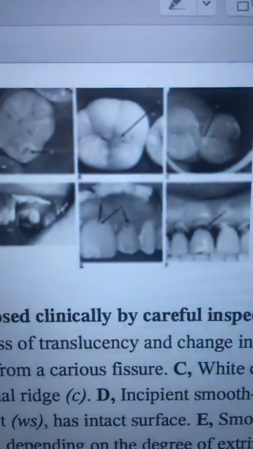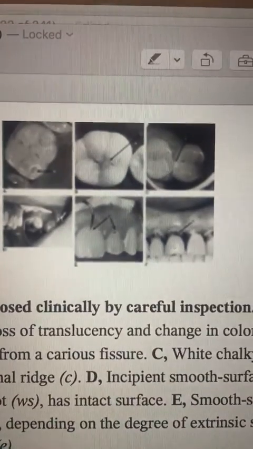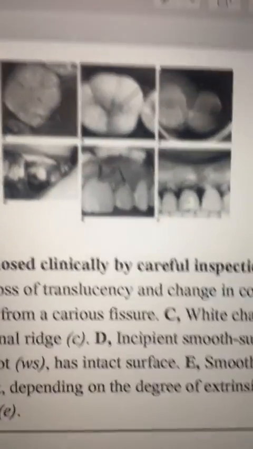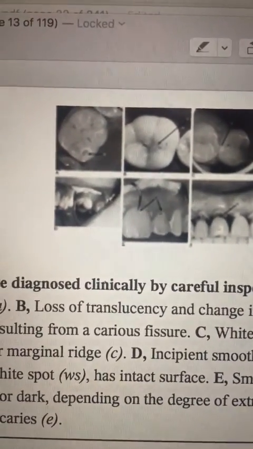So we have figure 2.3 in the operative dentistry PDF, I think it's Mosby's review. Figure 2.3. The caries can be diagnosed clinically by careful inspection.